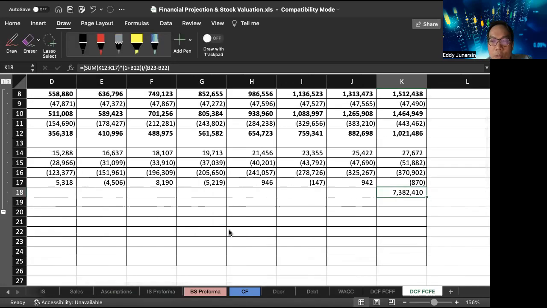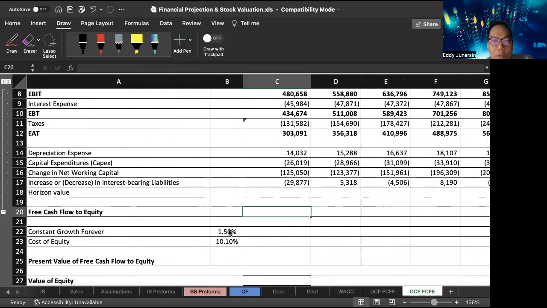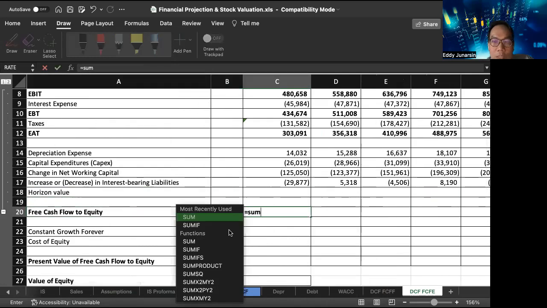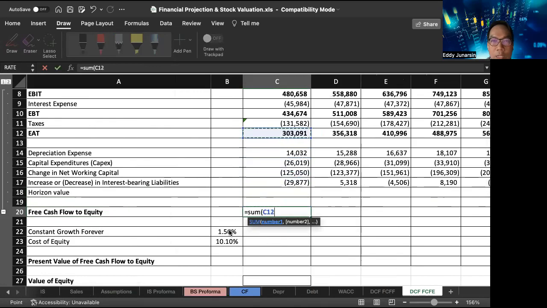Okay, so we get a certain amount there, horizon value. So free cash flow to equity holders is net income, we add back depreciation expense, minus capex, minus the change in net working capital, and then plus or minus the difference between new debt and debt repayment, and horizon value.